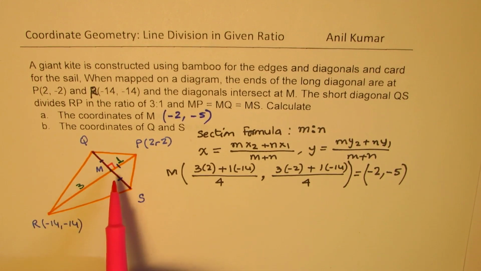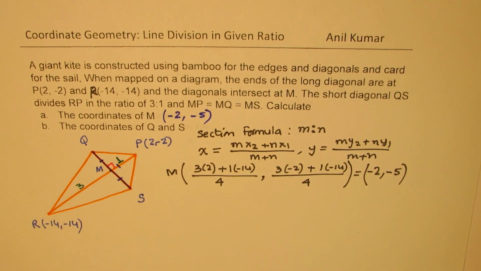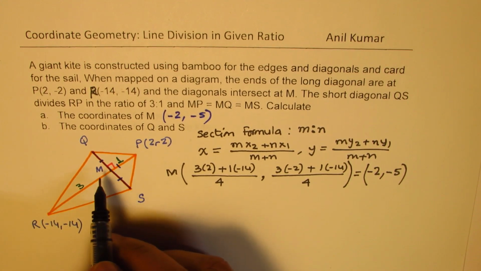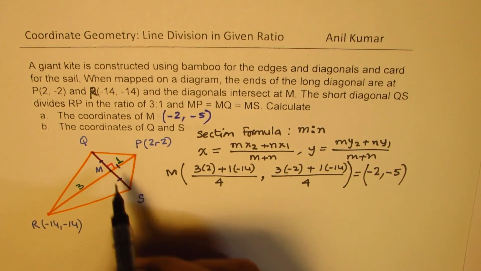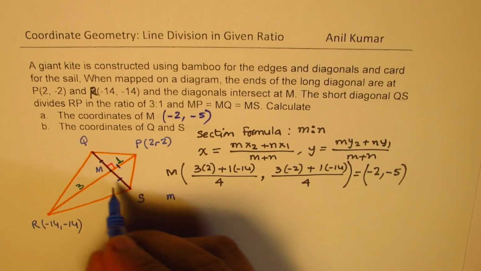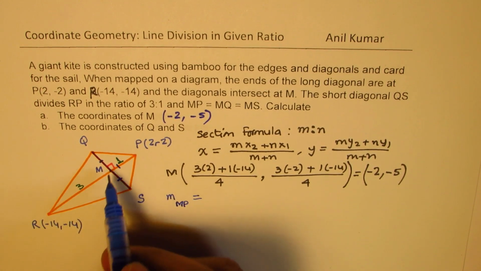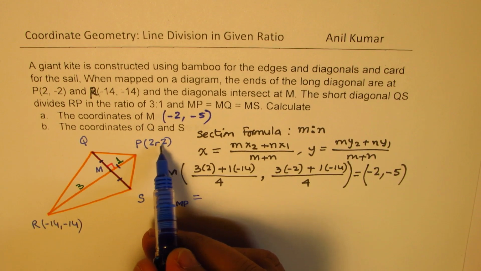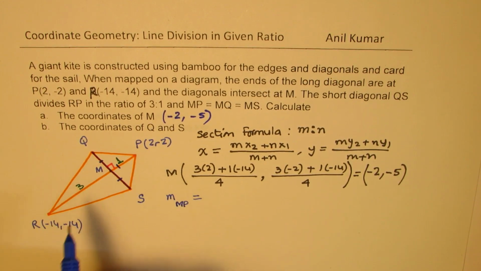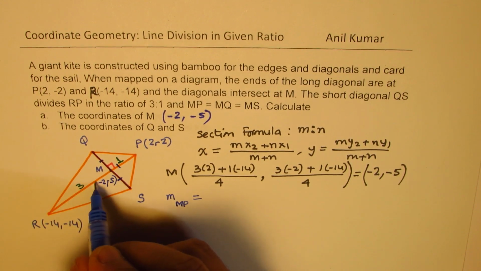And therefore, if I say moving from here to here, it is rise over run, the slope changes, right? Okay. So if I am moving from M to P, let me write down the slope from M to P. What is it? From M to P is y2 minus y1, which is, now we know what M is, right? Let me write here, minus 2 minus 5.